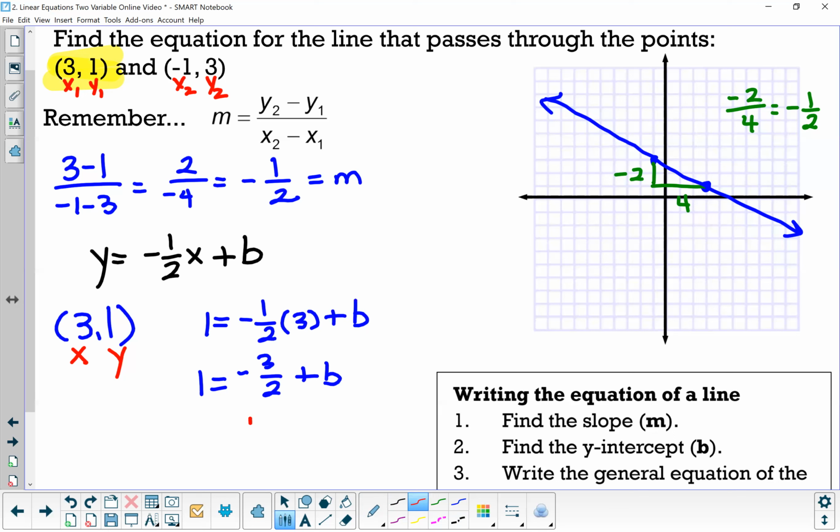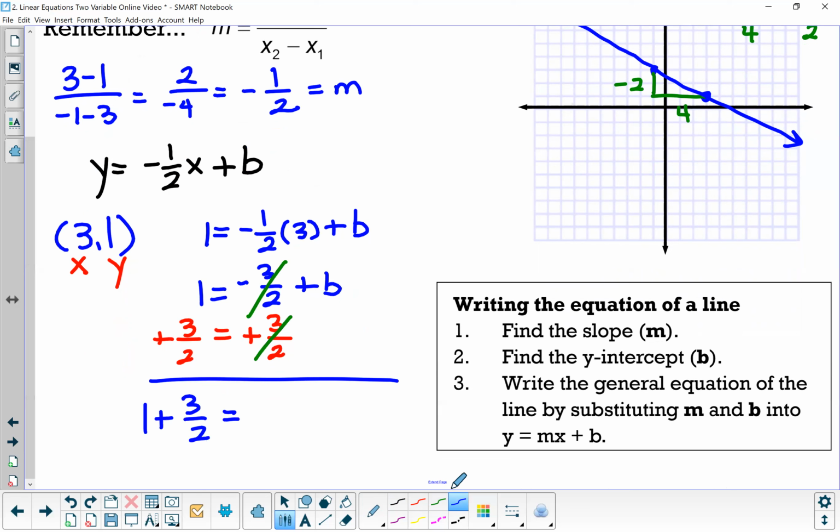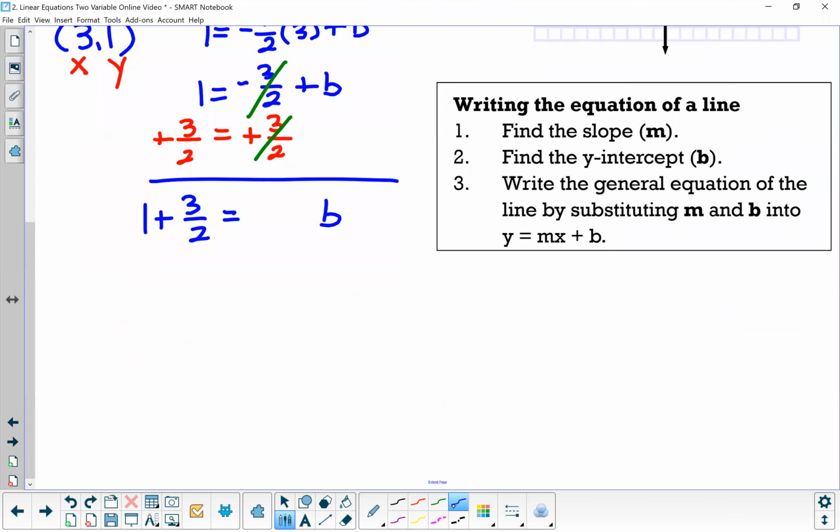I'm going to add 3/2 to each side. All right, so what that gives us is 1 plus 3/2 equals b. Okay, common denominator.